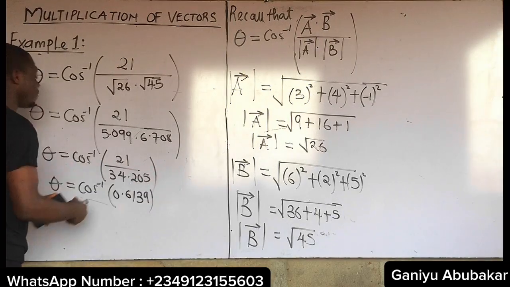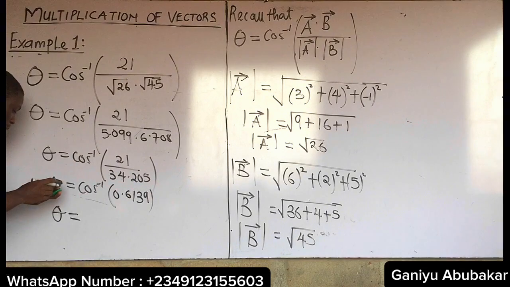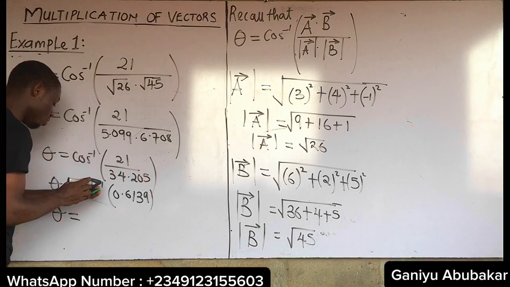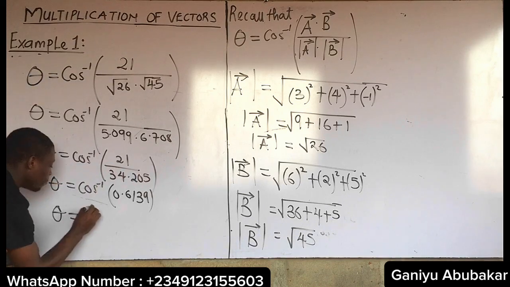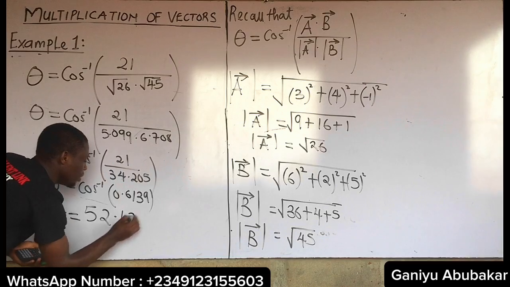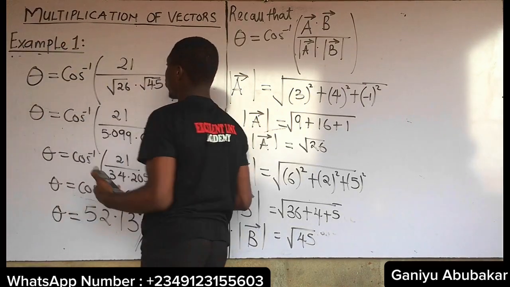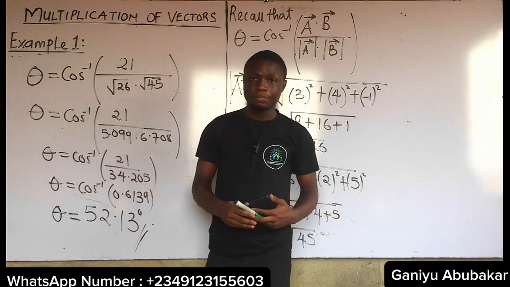I'll take the cos inverse of this value, and I'll have 52.13 degrees as the angle between the two vectors A and B.